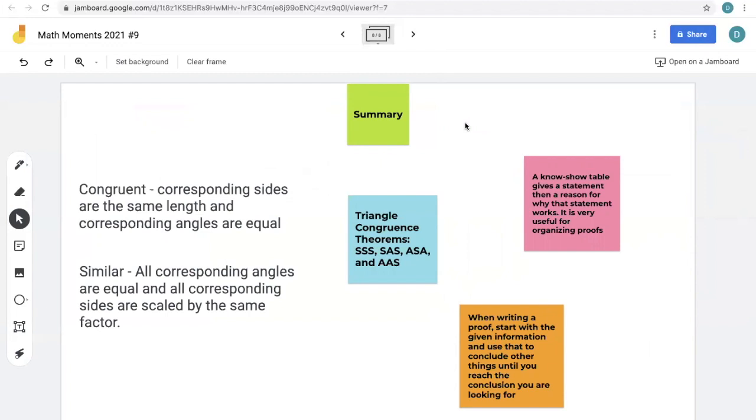Similar triangles just have the corresponding angles equal, but the sides are scaled. And then triangle congruence theorems include side side side, side angle side, angle side angle, and angle angle side. And then a two-column table gives a statement and then a reason for why that statement works, and it is very useful for organizing proofs. So when you're writing a proof, start with the information that is given and then use that to conclude other things until you reach the conclusion that you're looking for.